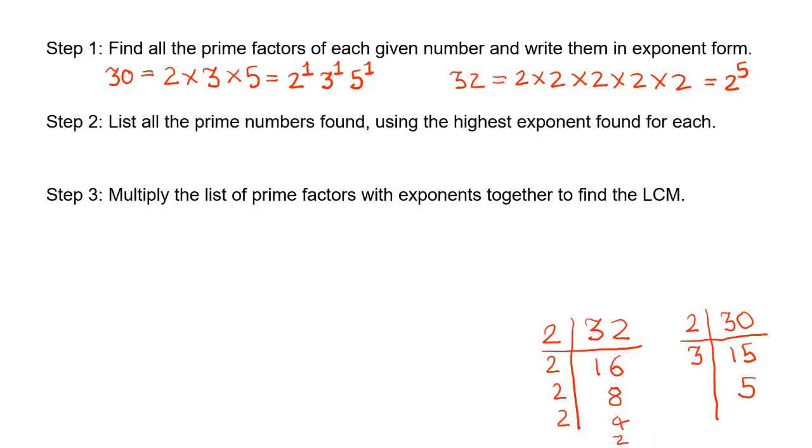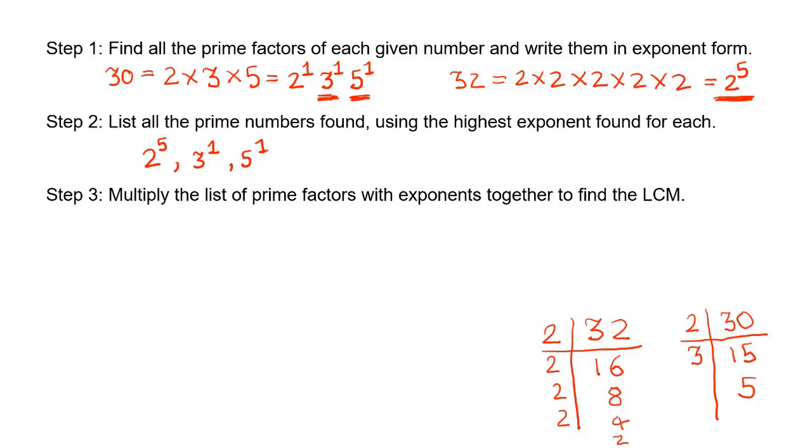Step 2. List all the prime numbers found using the highest exponent found for each. For 2, the highest exponent is 2 raised to 5. For 3, the highest exponent is 1, so 3 raised to 1. And for 5, the highest exponent is also 1, so 5 raised to 1. Now step 3.